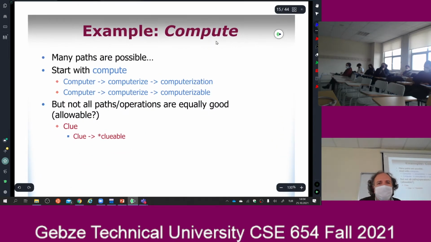Okay, so I think we looked at this one before. The clue could be a noun or verb. This able suffix can be applied to verbs, but if clue is a verb, nobody uses it clueable. Okay, so you are not free to make any word that you like from another word using the derivational morphology.